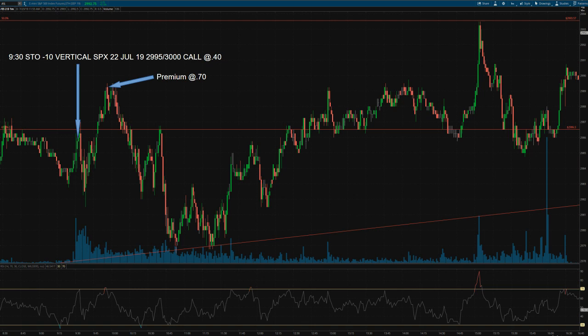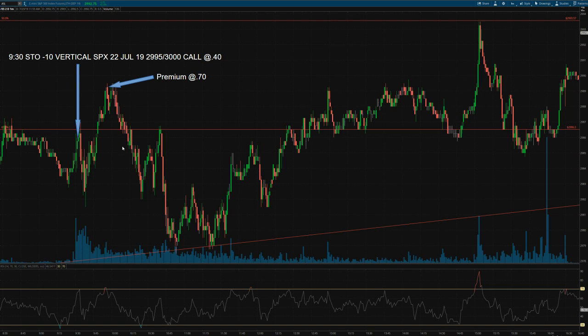By this time, we were less than 10 handles away from the short leg, from 29.95 on the SPX. You never want it to get really close, because then you've got an escalating premium, especially early on in the morning. I knew that it couldn't go above this level right here, and I was ready to pull the trigger to get out. But we did reverse, and that reverse became a pivot, and the market went down.